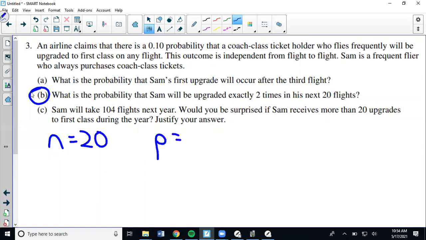Our probability of the thing happening is 0.1. The thing that we're looking to happen is the upgrade. So our fixed number of trials is 20. Our probability of a success is 0.1. And we are keeping track of the number of times that the thing happens. And so we're finding the probability that X equals 2. So we're going to use Binomial Pdf to solve that.